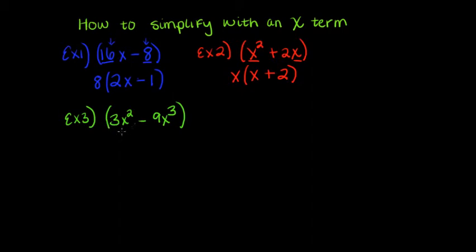Well, I know that 3 goes into 9, so we can go ahead and pull out a 3, and then the highest number of times that x shows up is x squared, because x cubed is x times x times x. X squared is x times x. So we can pull out an x squared, and that will cover these two, leaving 1 behind.